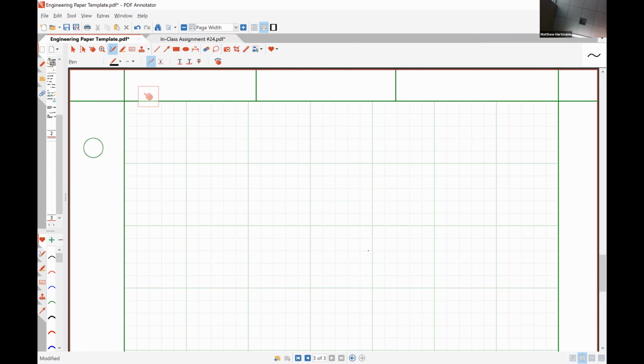Let's see. All right, this one looks ugly. The one I'm looking at is number 27 and 28 on the fall 2019 exam. So give me just a minute to draw this bad boy out.